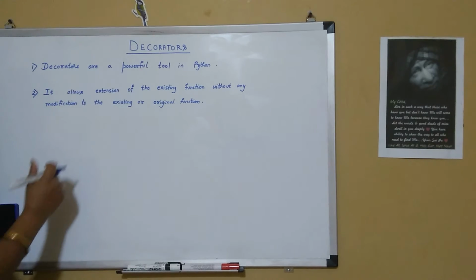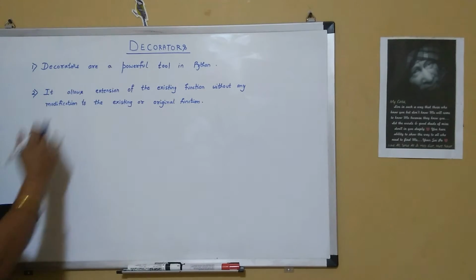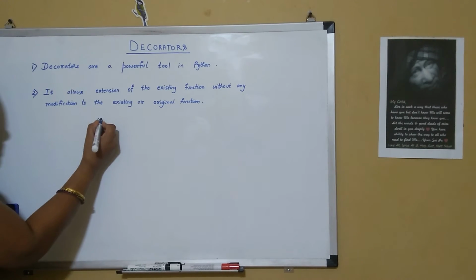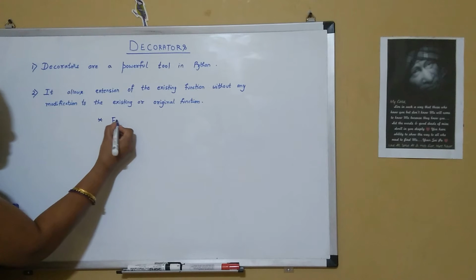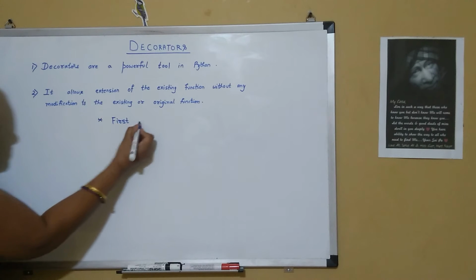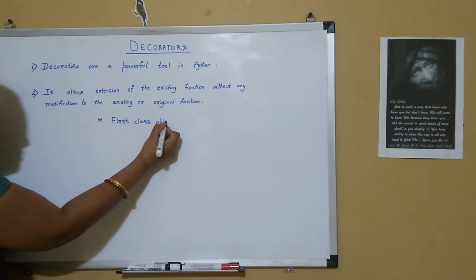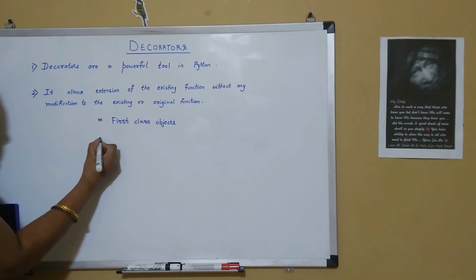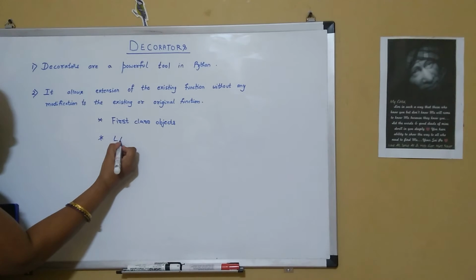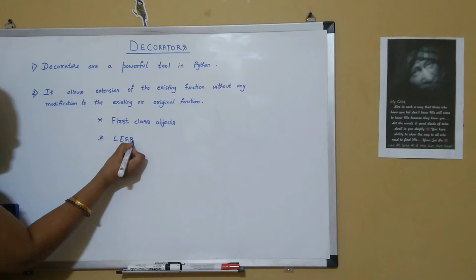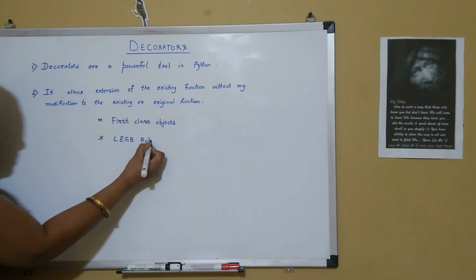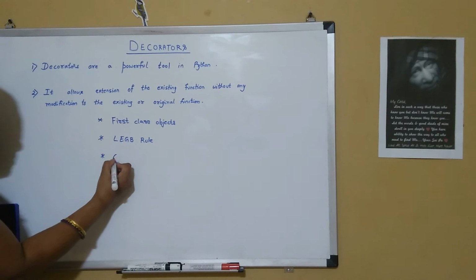But before that, to understand decorators, we need to understand some concepts. First, first class objects. Second is the LEGB rule. And the third one is closures.